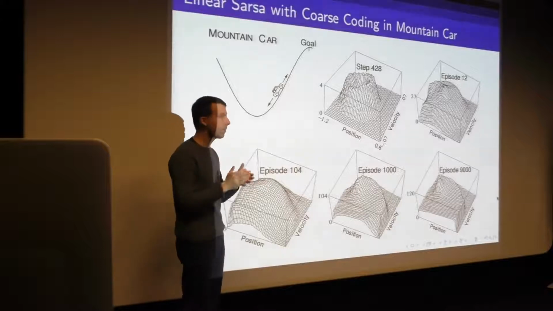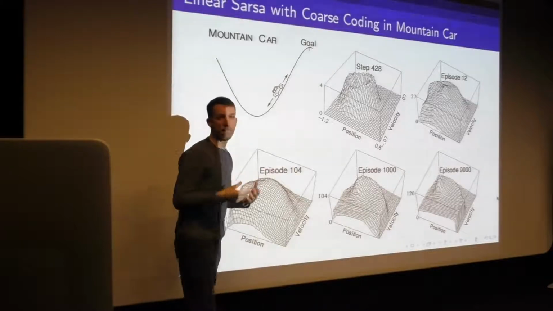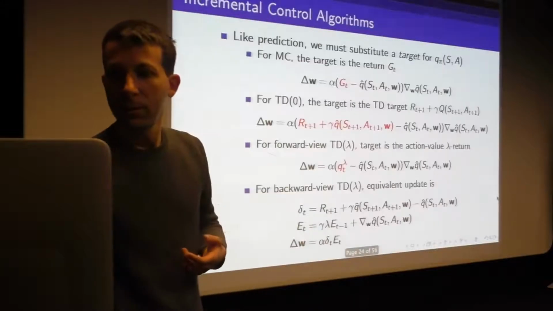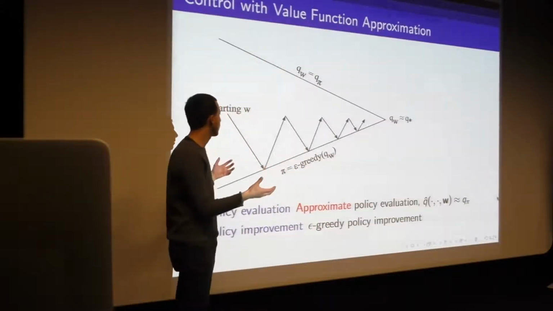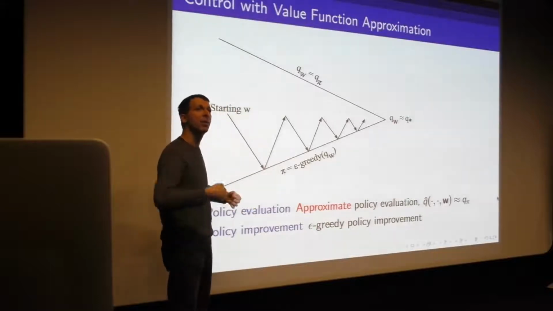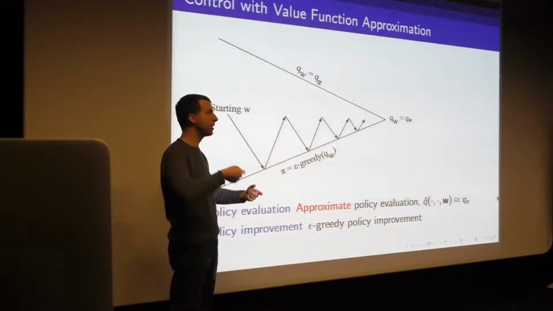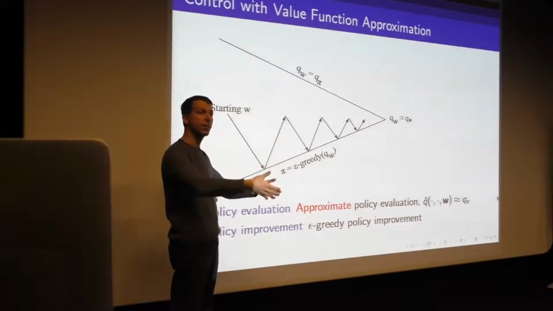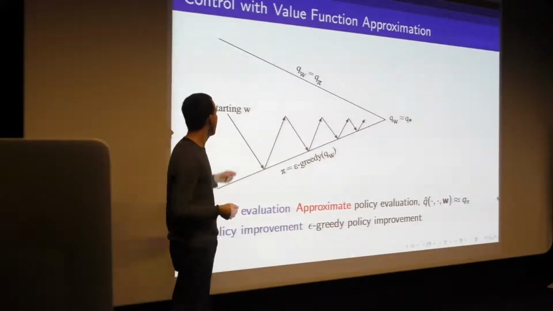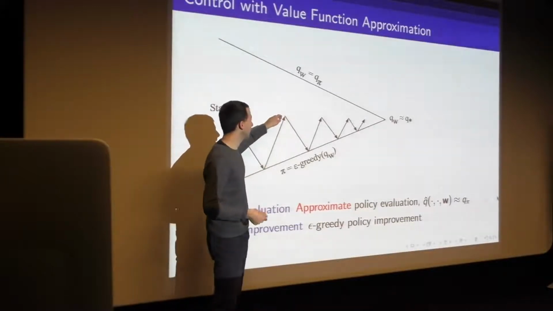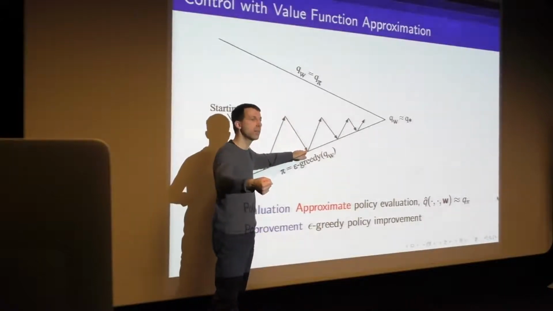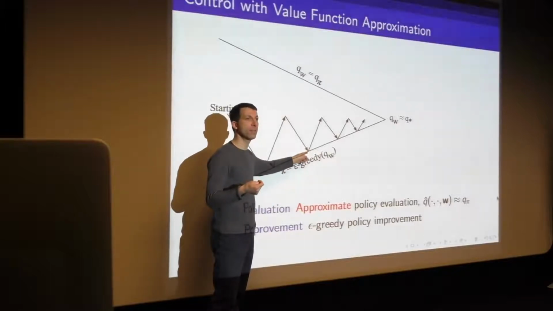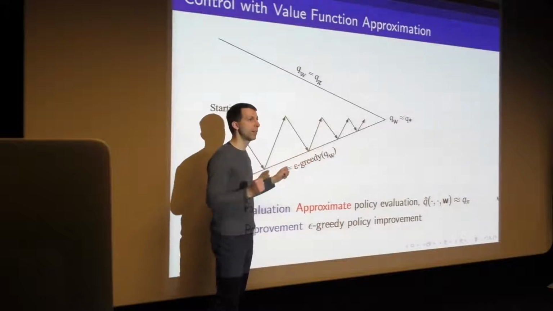If you remember, SARSA is literally the extreme case of this diagram, where every single step we update our value function, in this case using a linear function approximator to estimate Q. Every single step we update Q, and every single step we act greedily with respect to Q to pick our next action, but we also flip a coin to see if we do something random to make sure we explore. That's SARSA. That's all it does.